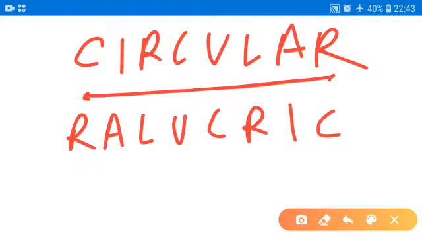RALUCRIC. Next we will shift R two levels forward. What will come?